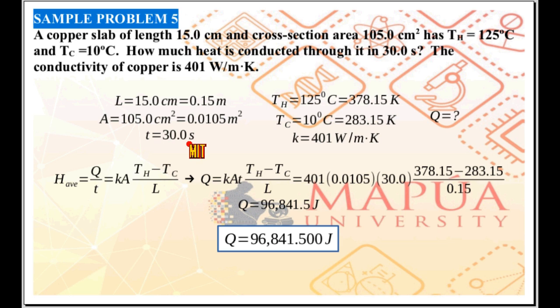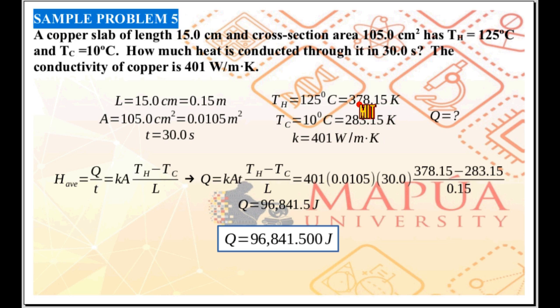And the temperatures TH and TC, the hot temperature and the cold temperature, or the higher temperature and the lower temperature, are both given. TH is 125 degrees Celsius, convert to Kelvin. TC is 10 degrees Celsius, likewise convert to Kelvin.